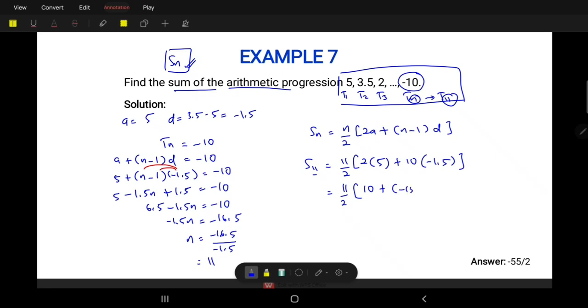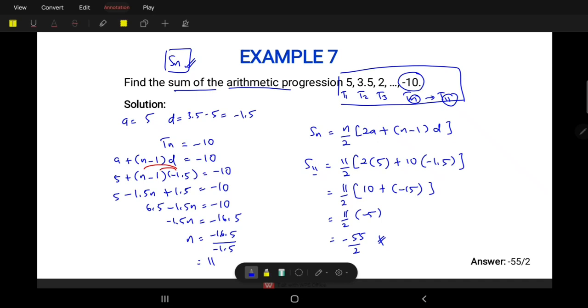Solve this one. Negative 15 plus 10, you will get negative 5. Then the answer is negative 55 over 2. This is the answer.